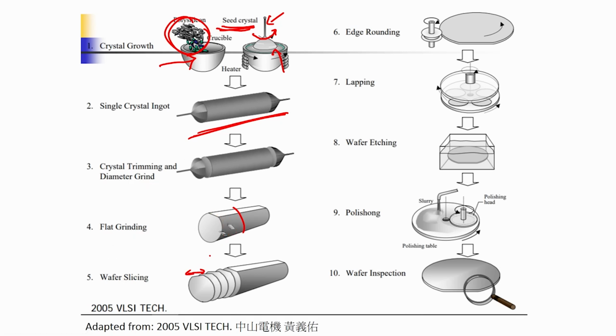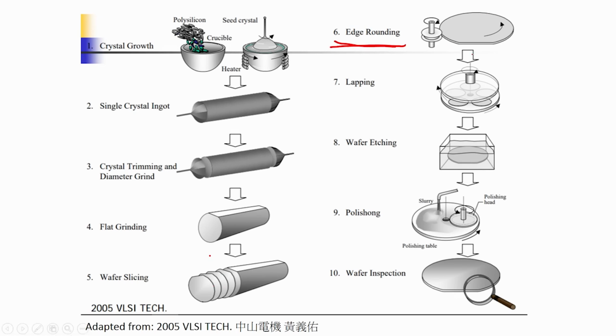So, the point is that once I have my polysilicon and my seed crystal, I can grow an ingot, and from the ingot I can trim the crystal, do flat grinding, and do wafer slicing. After wafer slicing, I have to do edge rounding.